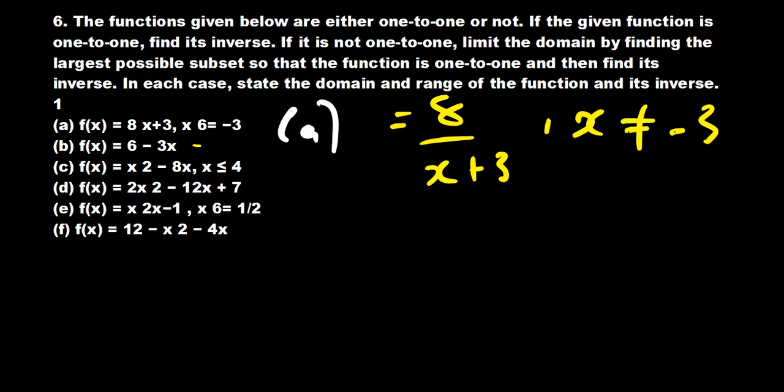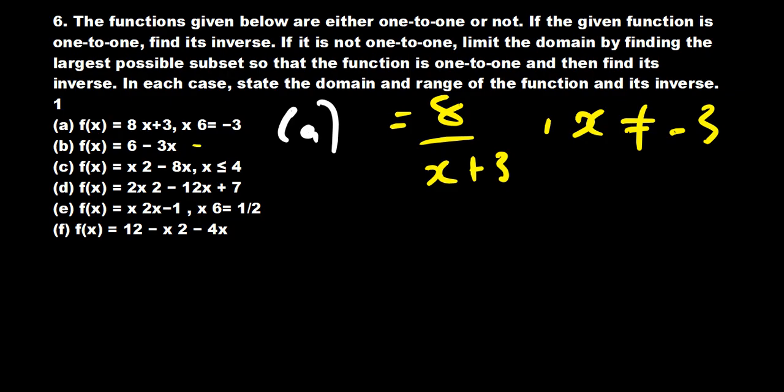Now this is a rational function. It's a fraction, but in terms of a function. For rational functions, this one is a 1-to-1 function. It's 1-to-1 because it passes the horizontal line test. Each input x value always gives a unique output value for a function like that.